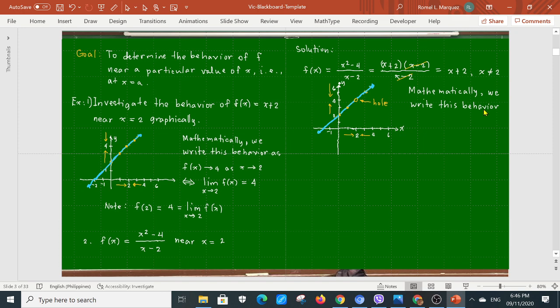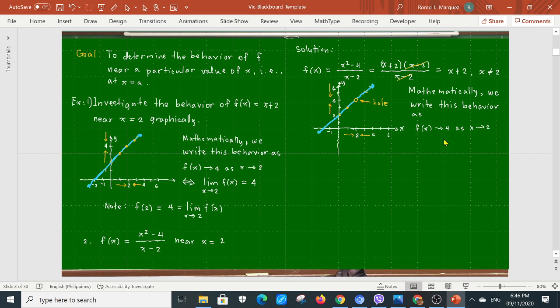We write this behavior as what? How do we write, children? So we have f of x approaches 4 as x approaches 2.